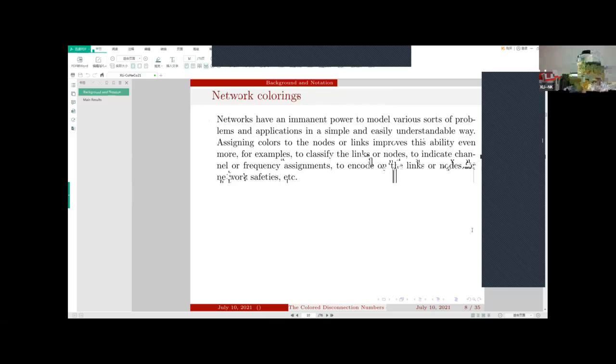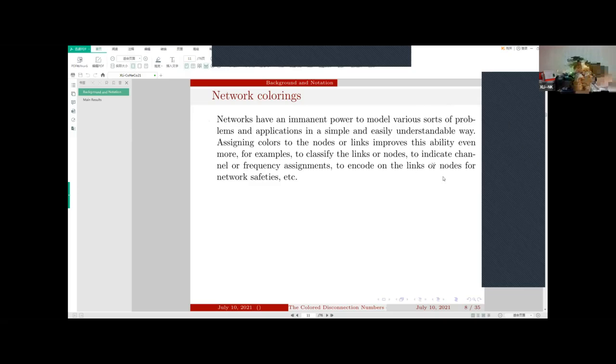Okay, about network coloring. I will talk about the coloring of networks. If you color the links of a network, that means you assign something to them.